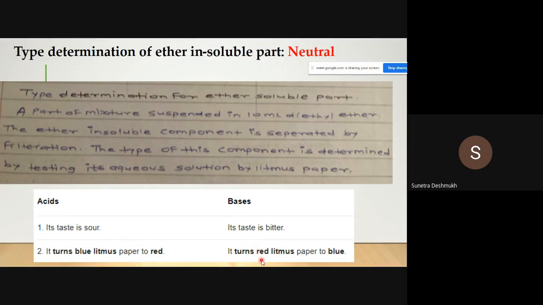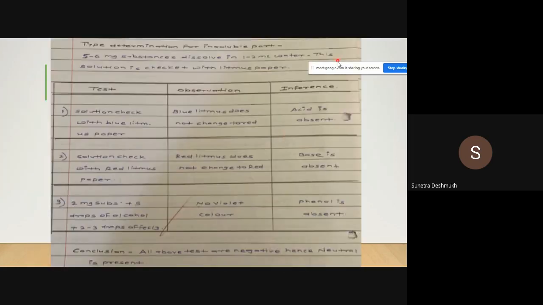If red litmus paper turns blue with that water solution, then the component is basic in nature. If neither litmus paper changes color, then the ether insoluble part is neutral in nature.